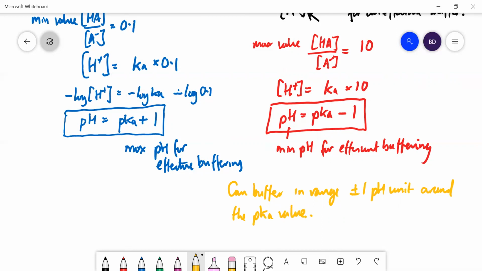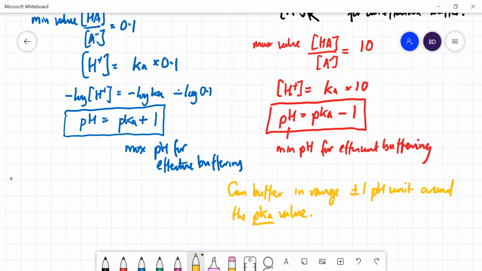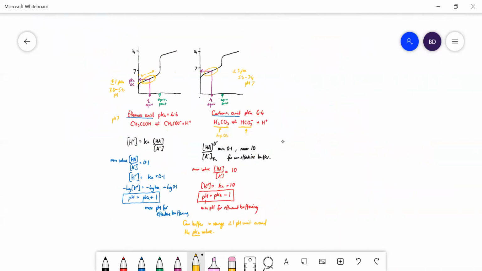So if you want an acid and its conjugate base system to use at pH 7, you need to look for a weak acid with a pKa value of about 7. If you want to buffer down at pH 3, then you need to look for a weak acid with a pKa of about 3, and so on. As I say, you don't really need to know that at A level, but I think it's quite interesting anyway. There it is all together.